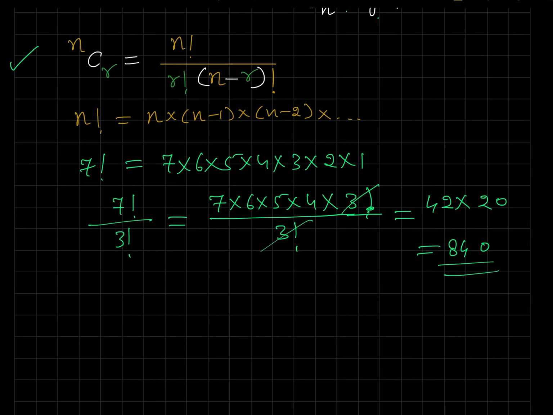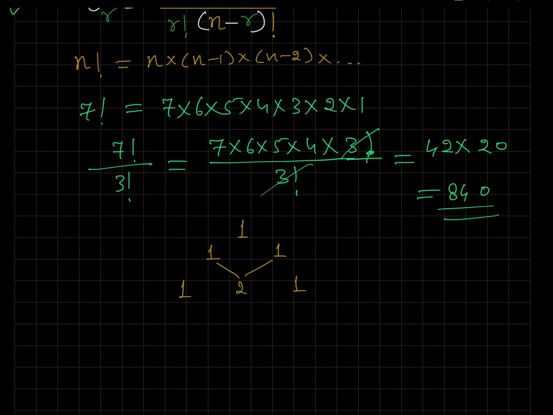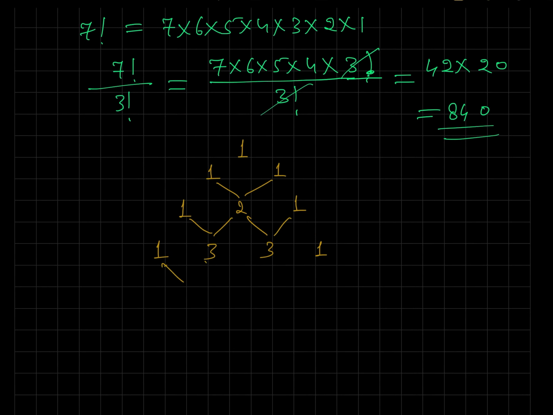Pascal's triangle, as we all know, is written like this: 1, then 1 1, then 1 2 1, then 1, 1 plus 2 is 3, 2 plus 1 is 3, then 1, then 1, 1 plus 3 is 4, 3 plus 3 is 6, 3 plus 1 is 4, and then again 1. This is for n equal to 1, n equal to 2, n equal to 3 and so on.